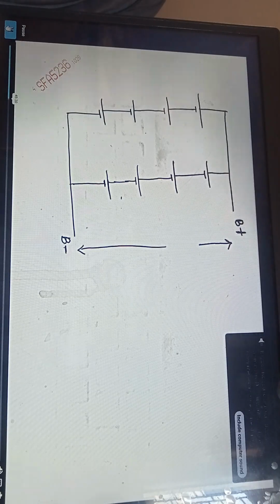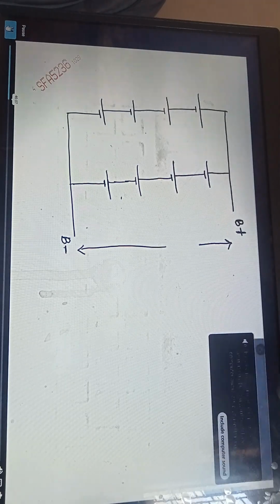When we make the battery pack, what is the voltage of each cell? While you're making the battery pack, do you charge the cell completely and make the battery pack, or do you discharge the cell completely and make the battery pack? What will be the voltage of the cell?